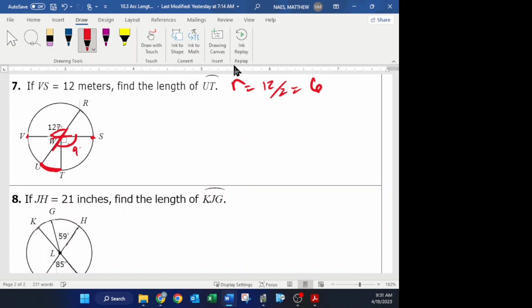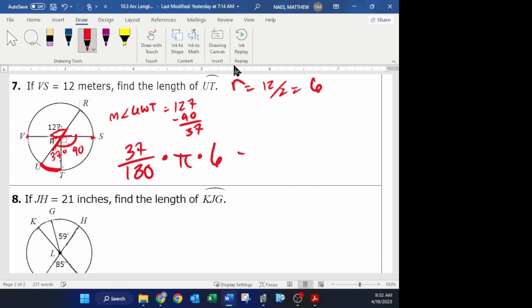Now, since this is already 90, what's left for angle UWT? The measure of angle UWT, which is the angle we want, is 127 minus 90, 37 degrees. So 37 over 180 times pi times 6.